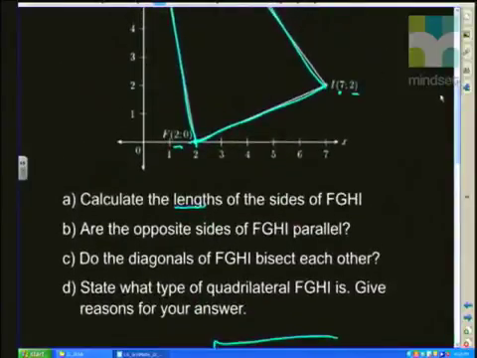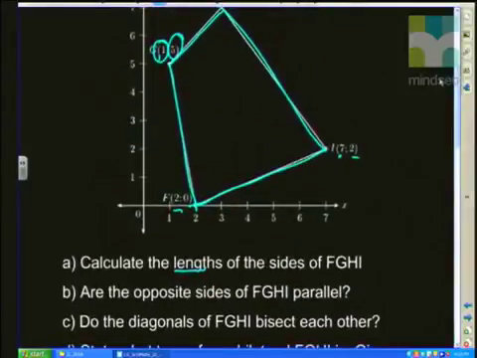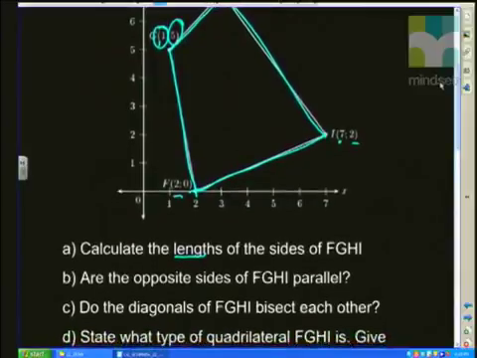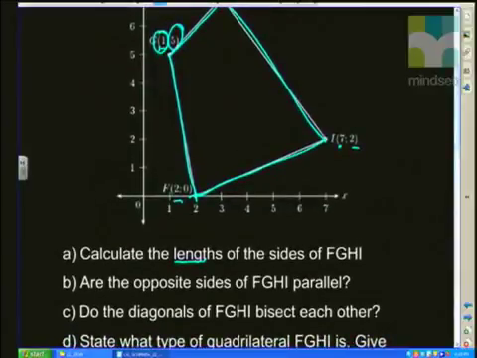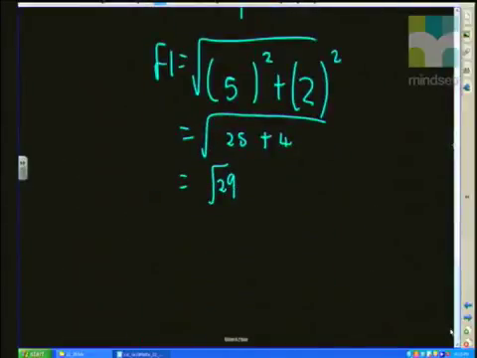And lastly, we've got the length of GF, so it's going to be 1 minus 2 squared plus 5 minus 0 squared.